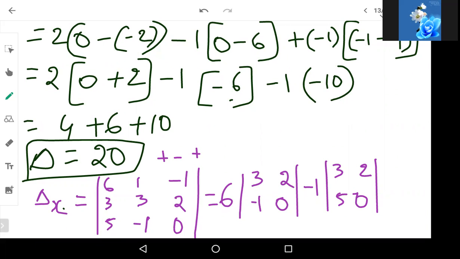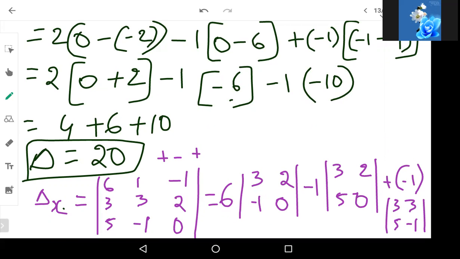Very good, Kirti. Plus of minus 1, and I'll write the determinant here. What should be the determinant? 3, 3, 5 and minus 1. Good.